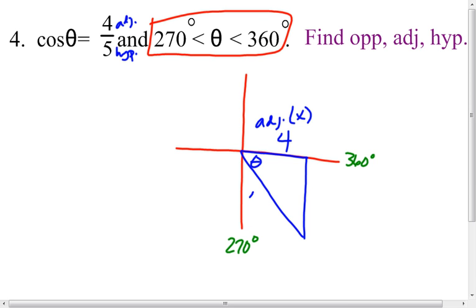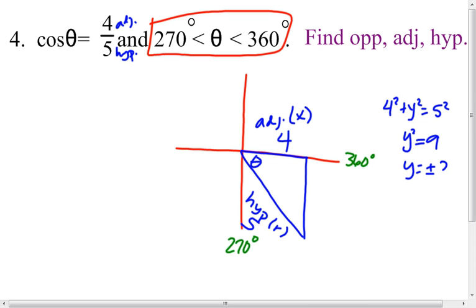So your hypotenuse, or your r, would be 5. And then again, if you find x squared plus y squared equals r squared, you can figure out this pretty easily. So you'll have 4 squared plus y squared equals 5 squared. Y squared will be 9, and y will be then either positive or negative 3.